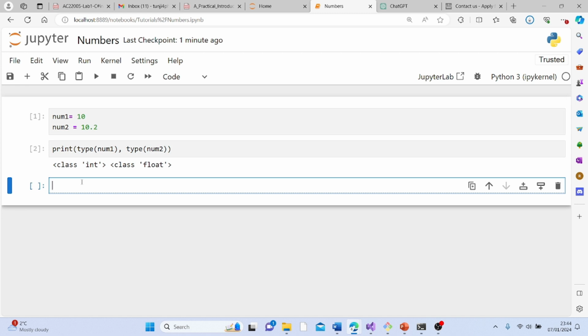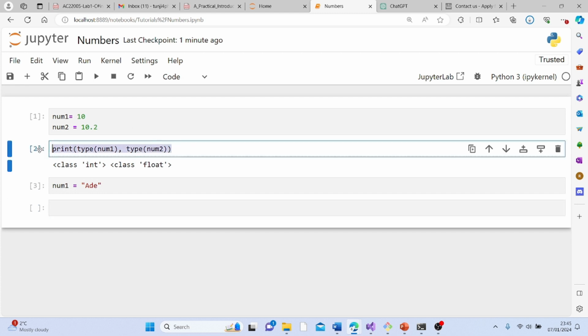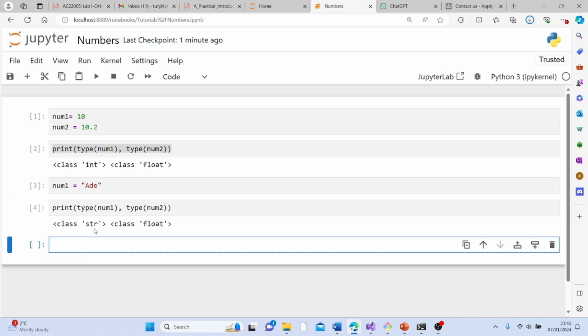And if you have declared a variable as integer, you cannot store a string into it. But here I can change num1 and store a string into it. If I run this and inspect this again, it will tell me that num1 has changed to a string value.